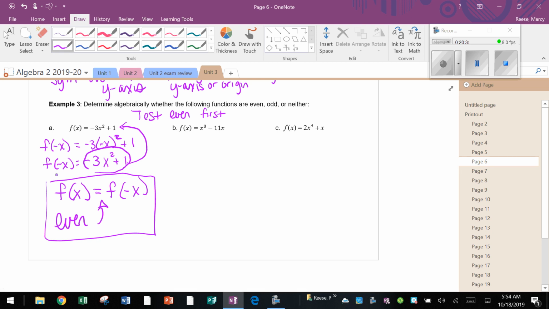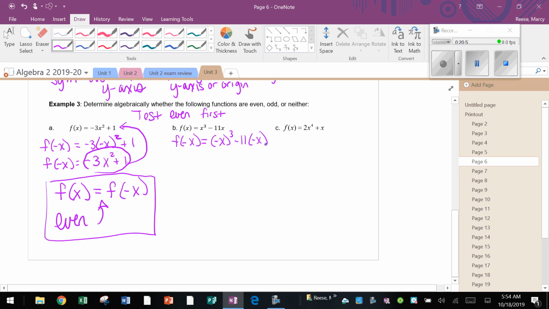Okay, so for the next one, you're going to test even first. Always test even. So I'm going to start with my f of negative x. I'm going to put that negative x in there, like that.